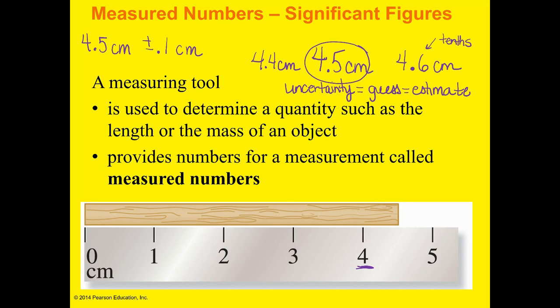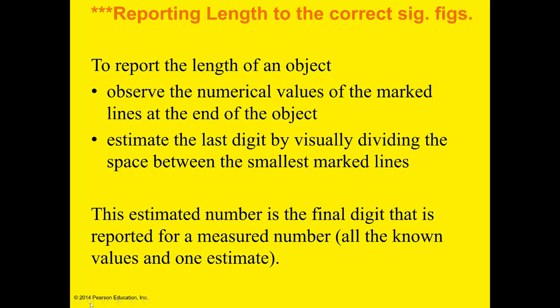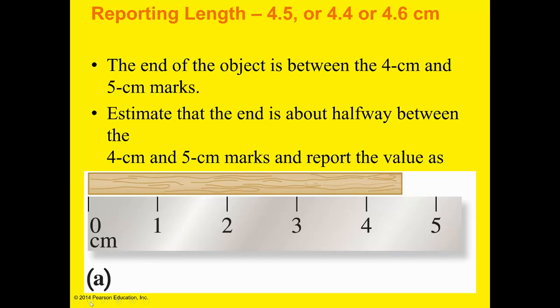So you're just allowed 1 digit over from where it's marked. Okay, that's just exactly what I said, but in the written part, you can slow this down and read it. So this is again our range that we would expect, somewhere between 4.5, 4.6, 4.4, somewhere in that range.